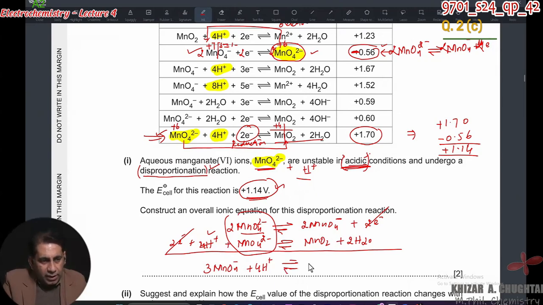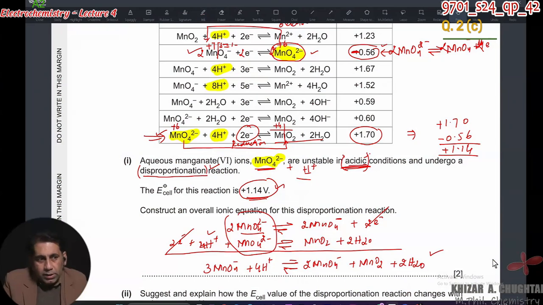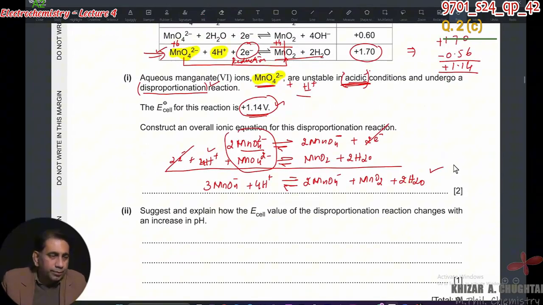What is on the right hand side? 2 moles of MnO4 1 negative plus MnO2 plus 2 moles of H2O. This is the correct option as far as my calculation is concerned, and the overall equation is this one.